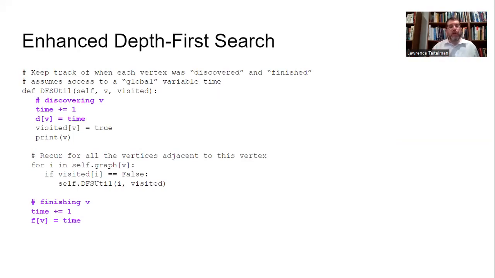Okay, what is the purpose of it? Because there's certain things we can learn about the shape of the graph and the relationship between some vertices and other vertices based on when something was discovered compared to when it was finished or another vertex was discovered and finished. So those numbers are useful to us, right? So in order to do what we're going to do in the next few slides, we need to have this enhanced or modified version of the DFS.